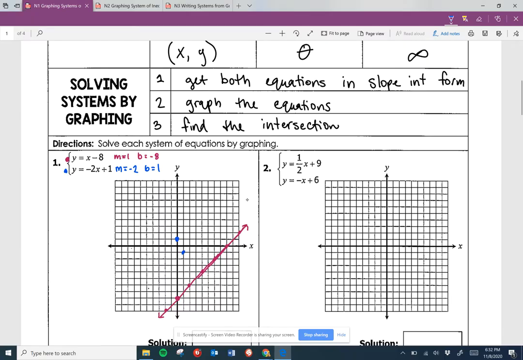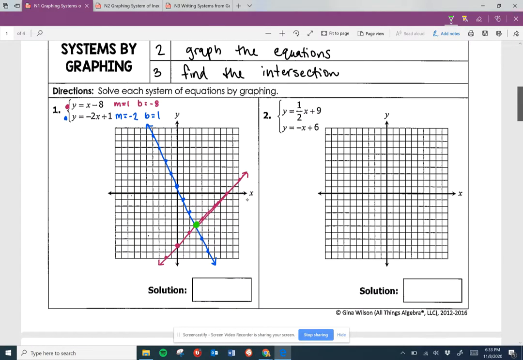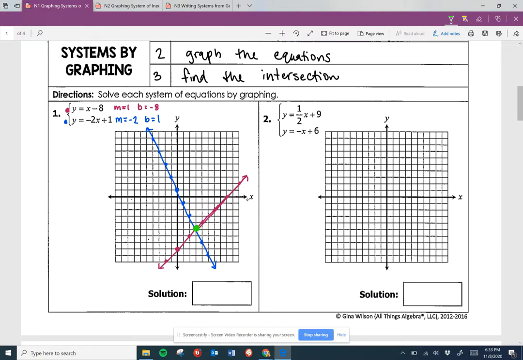My solution is where these two lines intersect. So this green dot right here is going to be my solution. The solution is 1, 2, 3. My x value is 3, and then 1, 2, 3, 4, 5: 3, -5. That's the point that makes both of these equations true, and that's where they intersect on the graph.